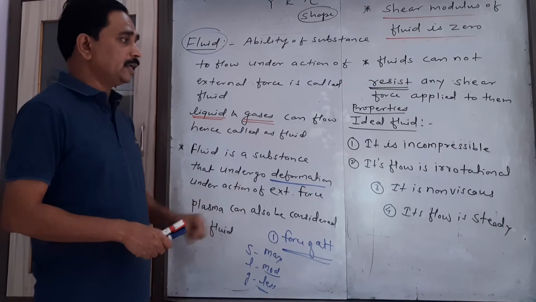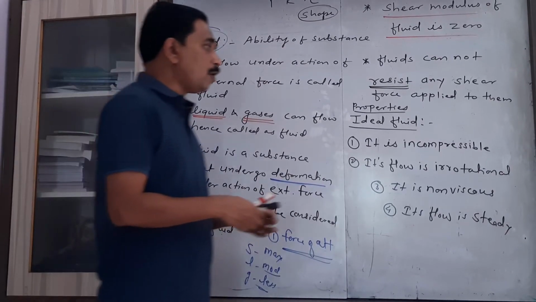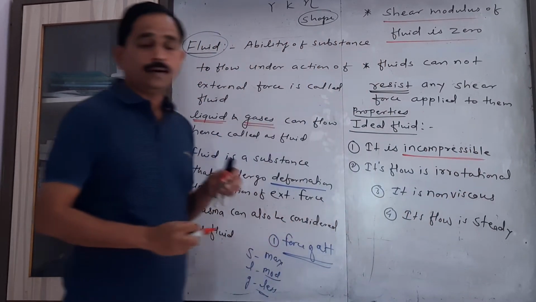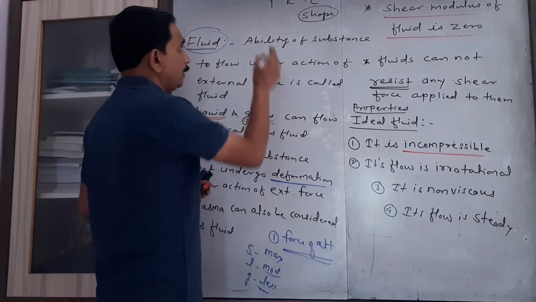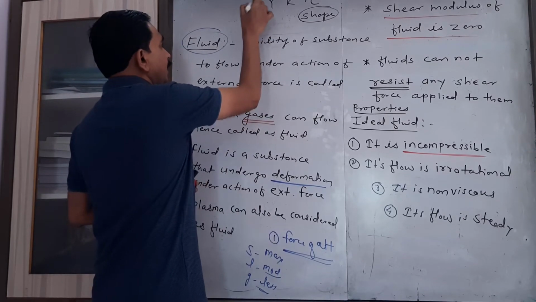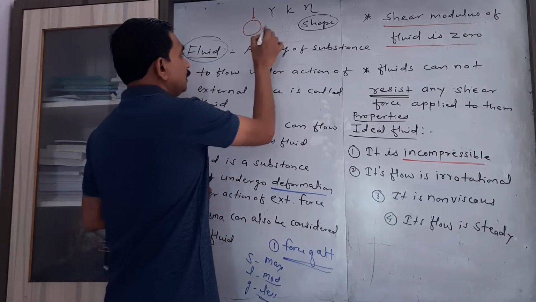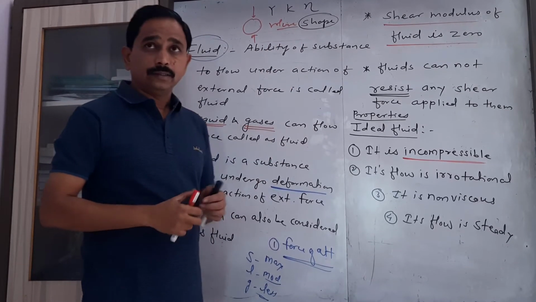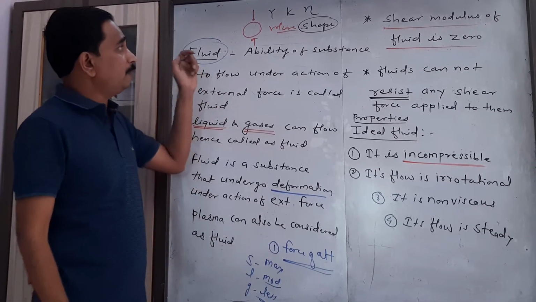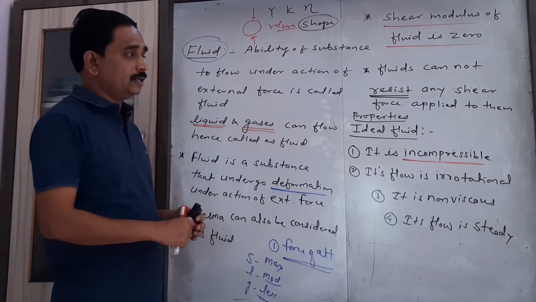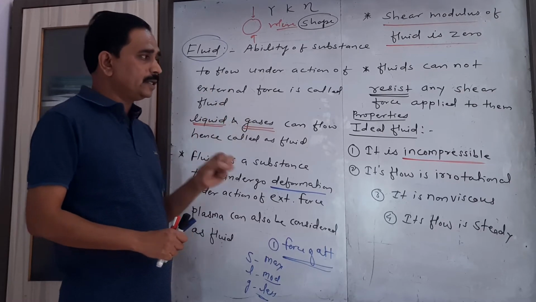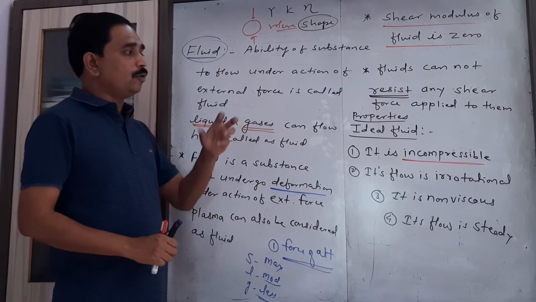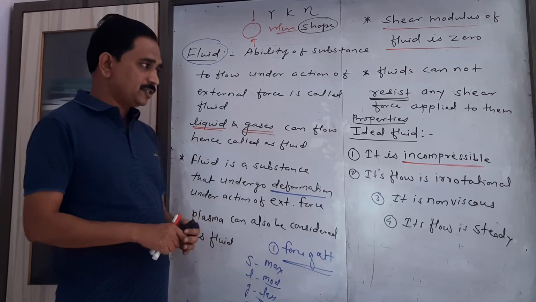Generally the fluid is incompressible. Now what do we mean by incompressible? When we apply force on a body, if there is a change in the volume of that body, then depending on whether the volume increases or decreases: if the volume decreases, it is called compression; if the volume increases, it is called expansion.